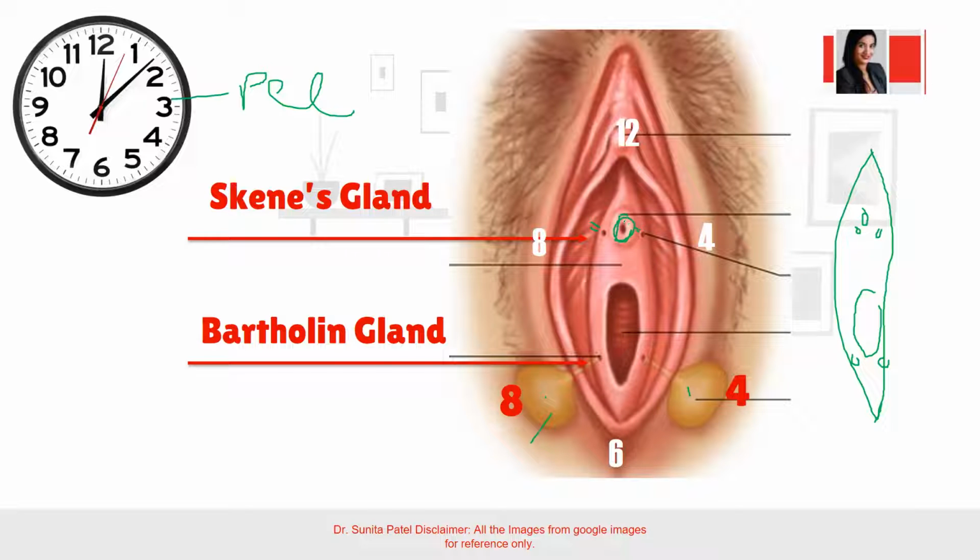So once the urethra expands, that expansion puts compression on this gland and on these openings, and whatever liquid they are storing will come outside. That liquid creates a lubrication around the urethra whenever we are urinating.